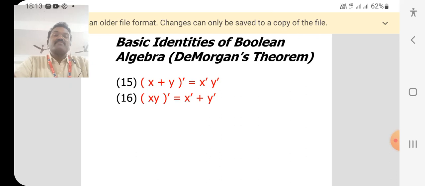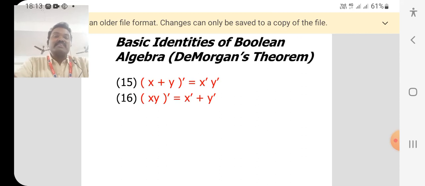First law, x plus y the whole bar. Here I am giving two variables. The two variables mean you can get the input values 0 0, 0 1, 1 0, 1 1. So 0 plus 0, initially I am giving x value 0 and y value 0. 0 plus 0 is equal to 0. 0 bar value is 1.